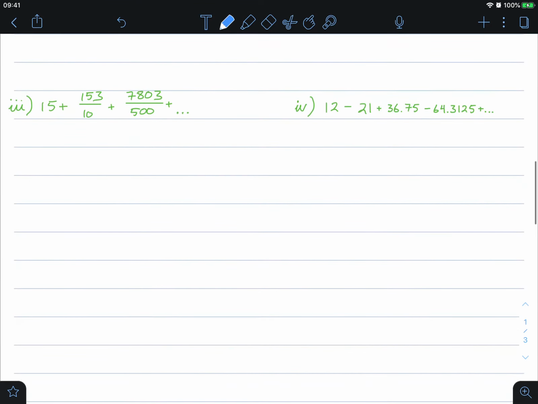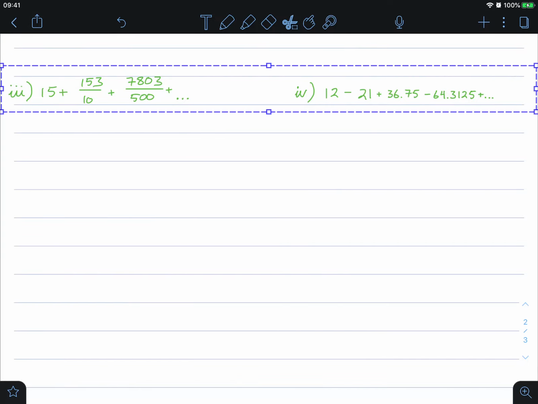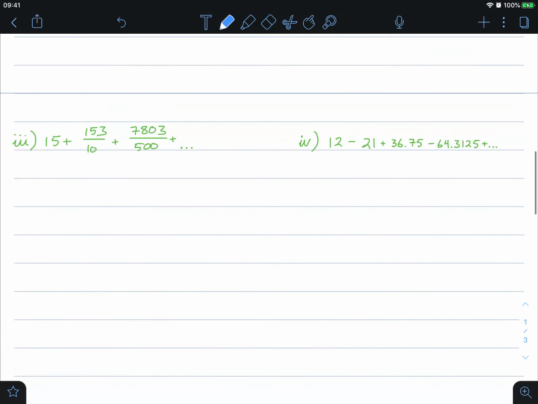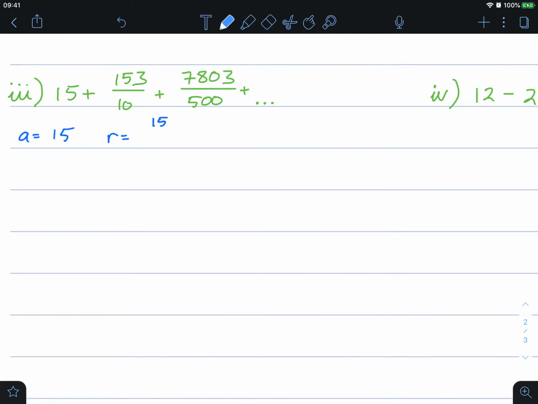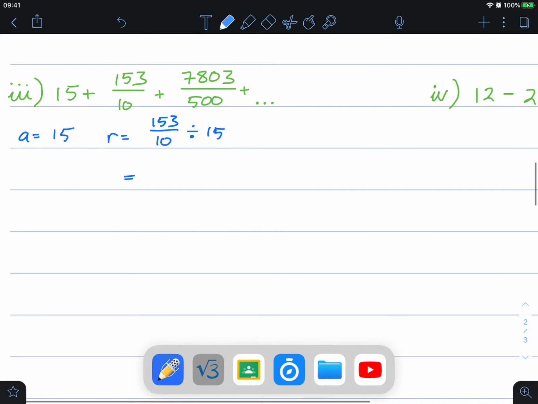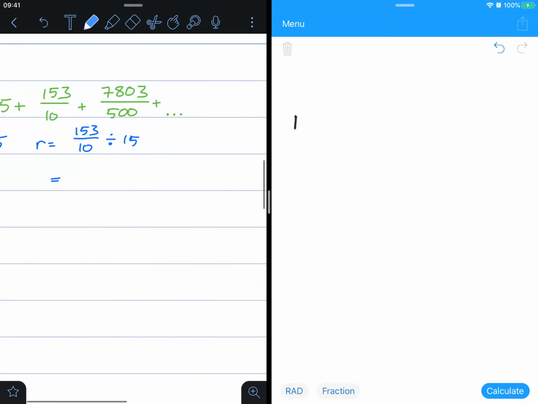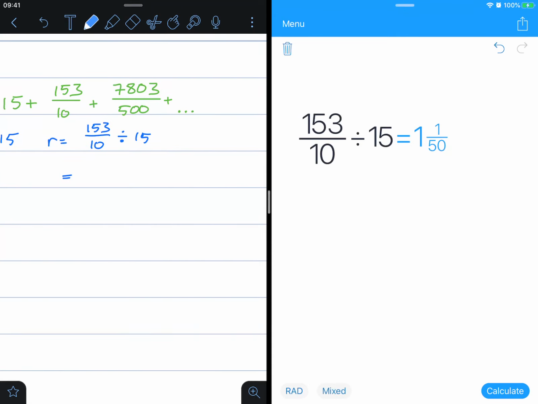Now I want you to go ahead and try these two examples here. Again, let's find the first term. A is equal to 15. The common ratio, let's test it out: 153 over 10 divided by the previous term, 15. Checking that into the calculator, it's going to be 1.02.